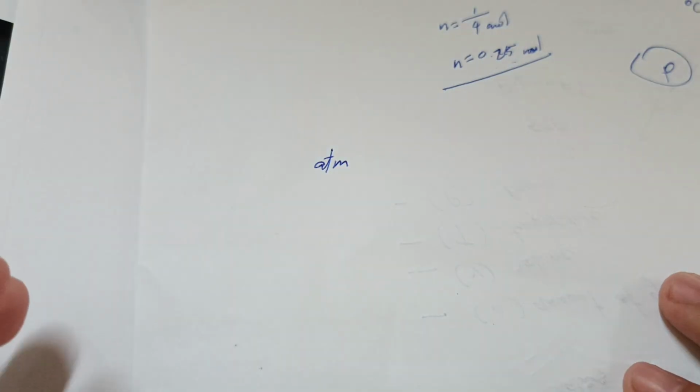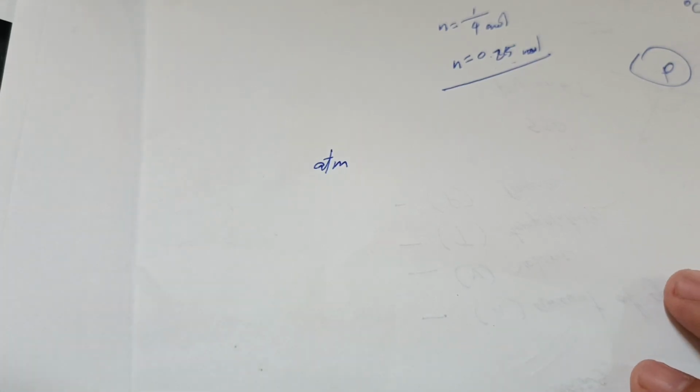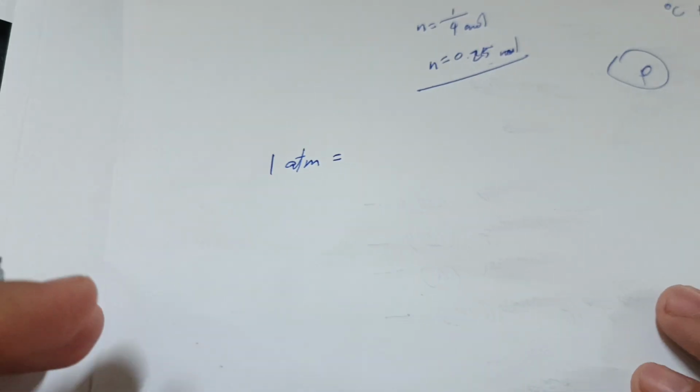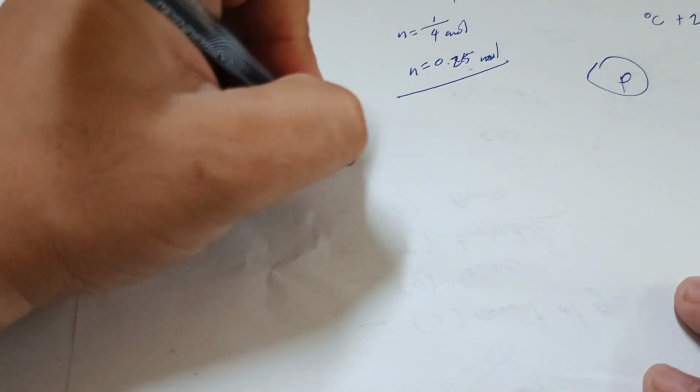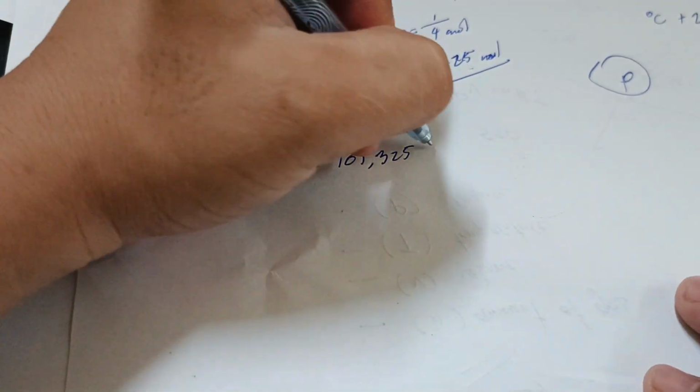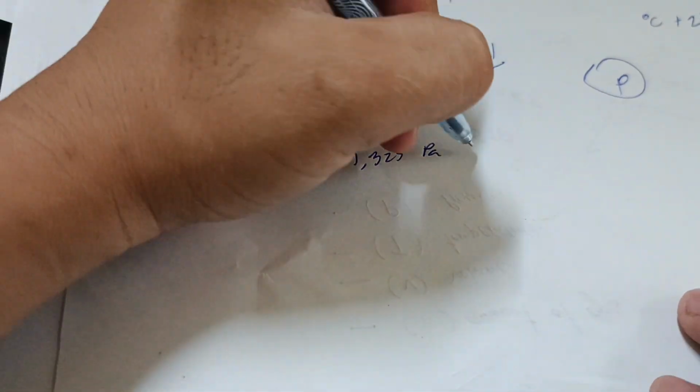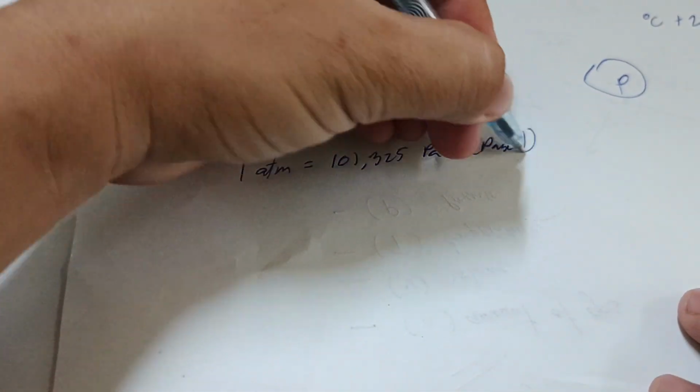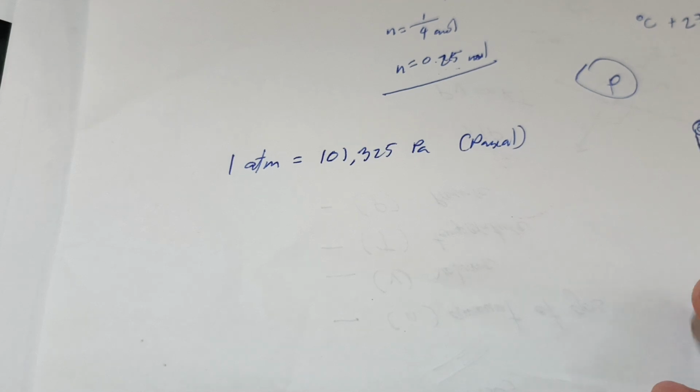ATM, or simply atmosphere. So 1 atmosphere is equivalent to 101,325 Pascal. Again, Pascal is another unit of measuring your pressure.